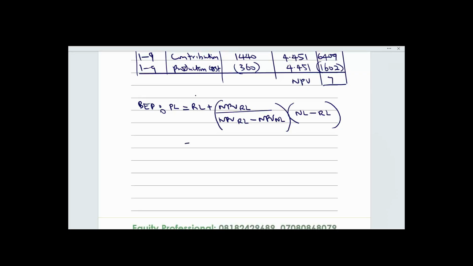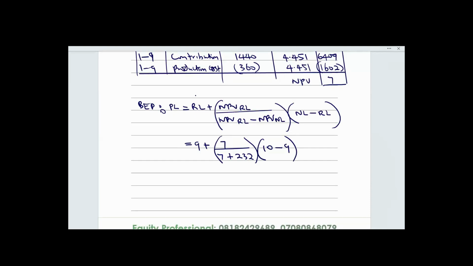So, reduced life is 9 years plus NPV of the reduced life, 7, divided by 7 plus NPV of normal life, 232. Normal life is 10 years minus reduced life of 9 years.